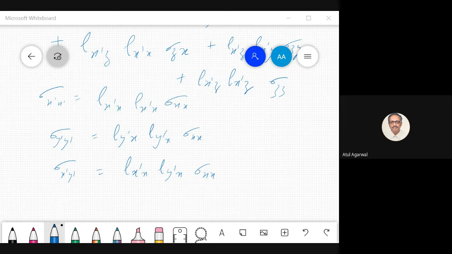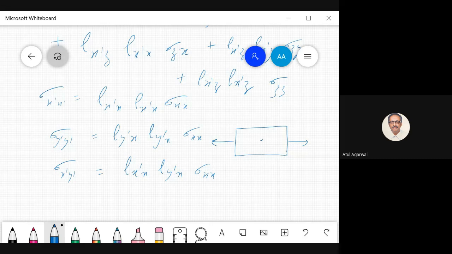Okay. Now let us see the coordinate system. Now what I had done, this was the case.